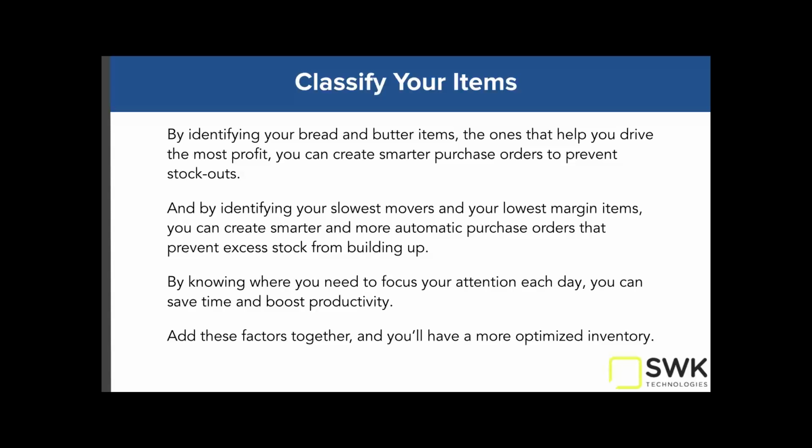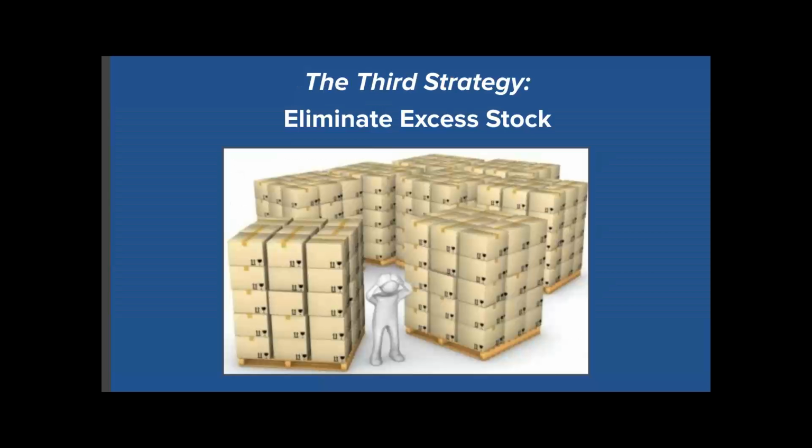Other more important items, I want to be more nimble, buy them in smaller quantities but more often, and get more turns out of those and so forth. So the point is, once you understand the nature of the items by your proper classification, you now can set policies and make decisions around how I manage those. And without that visibility and understanding, you just can't do that. And so that's a big help in getting you to that nirvana of an optimized inventory, right?